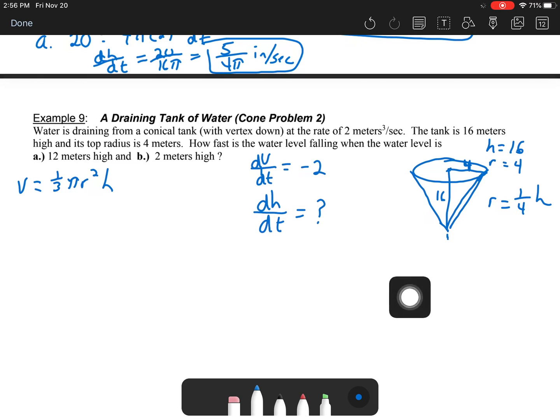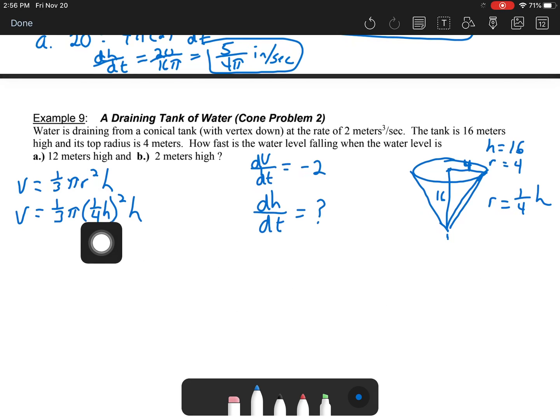So I'm substituting 1/4 h into the formula for r. So 1/4 h squared times another h. And if I square that, that's 1/16 h cubed times this 1/3.